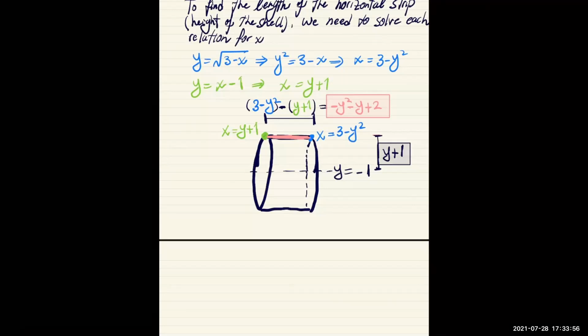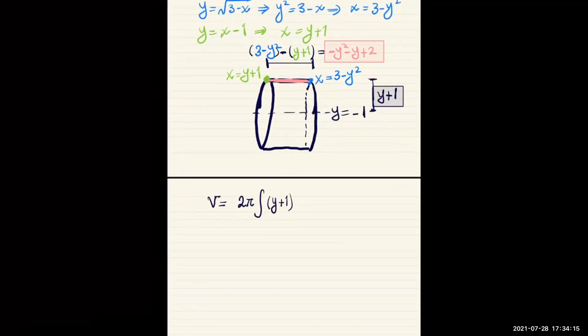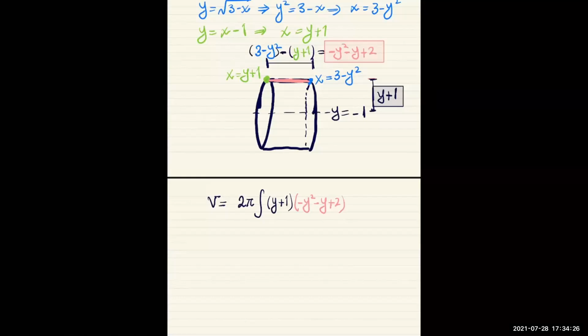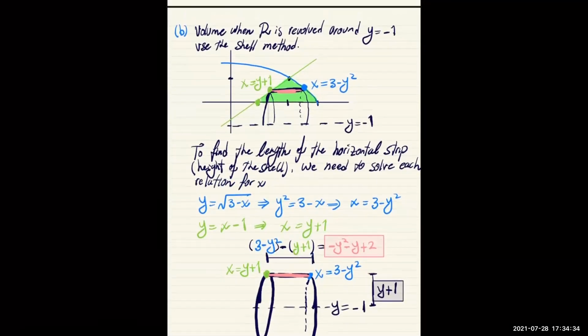Okay, so we finally have an integral for the volume using cylindrical shells. It's 2 pi times the radius, which is y plus 1. Again, 2 pi radius gives you the circumference, and then multiply that by the height. The height is negative y squared minus y plus 2, times the thickness, which is dy. And I need to make sure that I set up my limits correctly. Look at these strips.